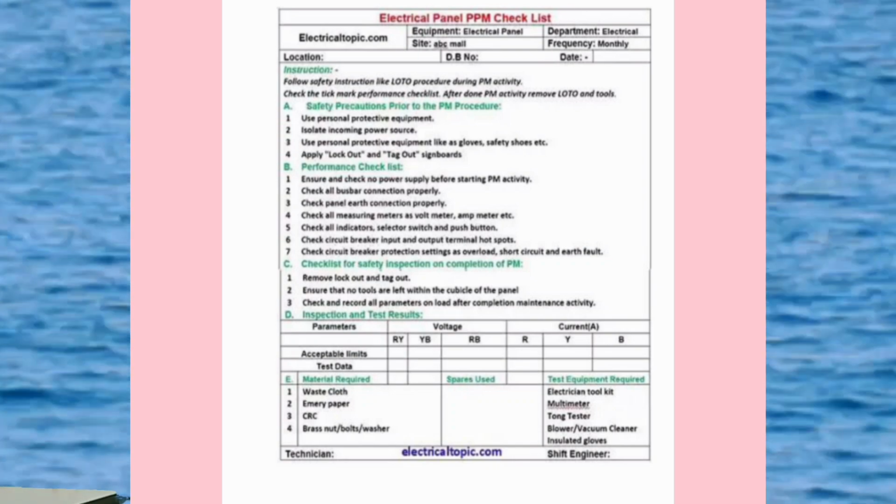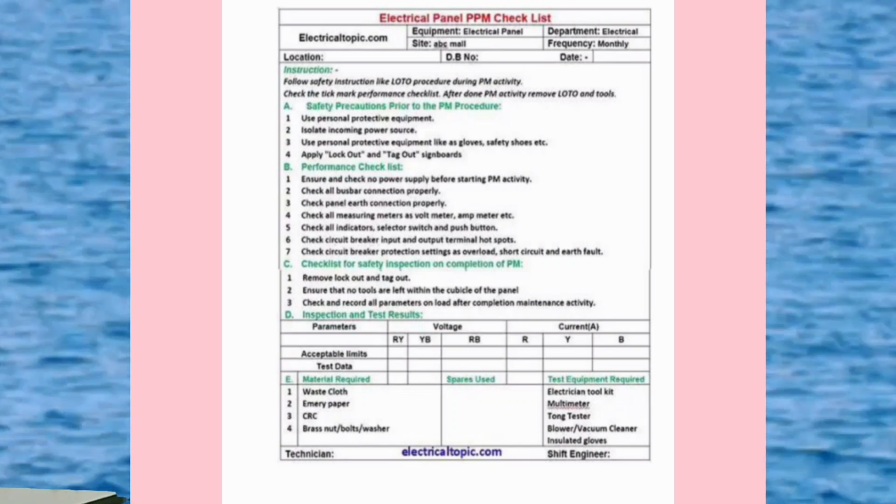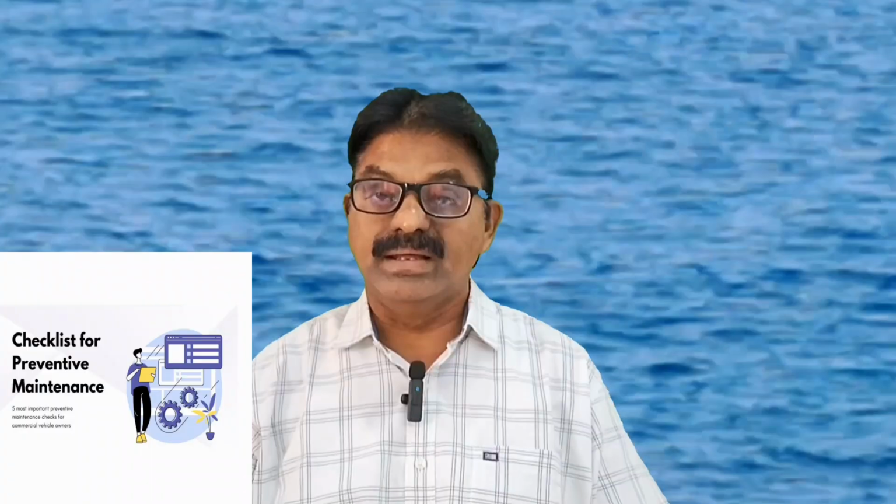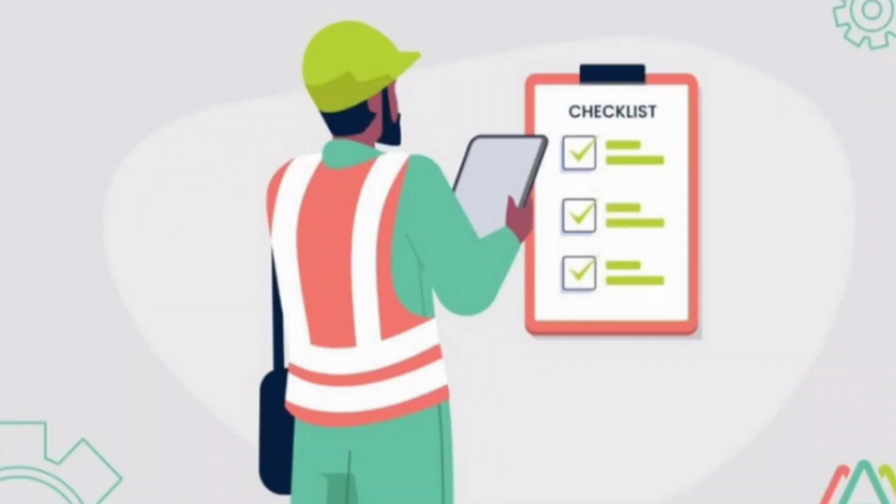Below this information there are separate columns. In those columns, what the technician is going to do for the execution of the planned preventive maintenance works, related to the equipment, is mentioned clearly.